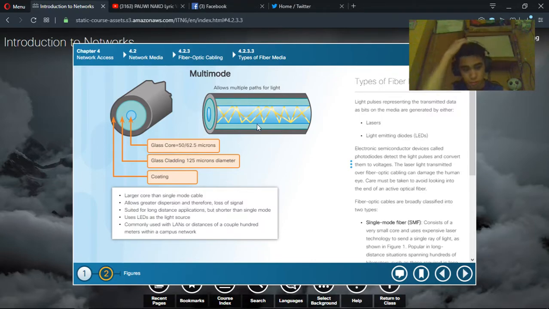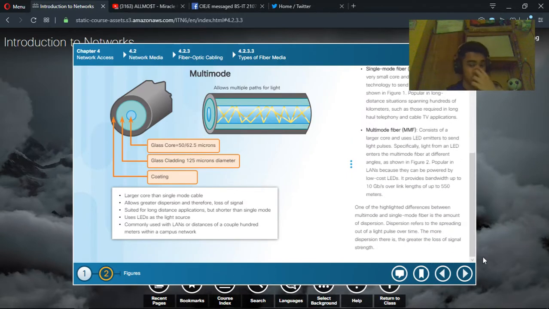It's best effort. It is suited for long distance applications but shorter than single mode. It uses a less costly light source, commonly used with LANs or distances of a couple hundred meters.